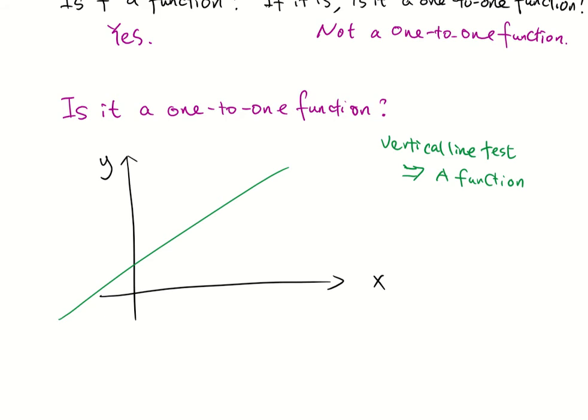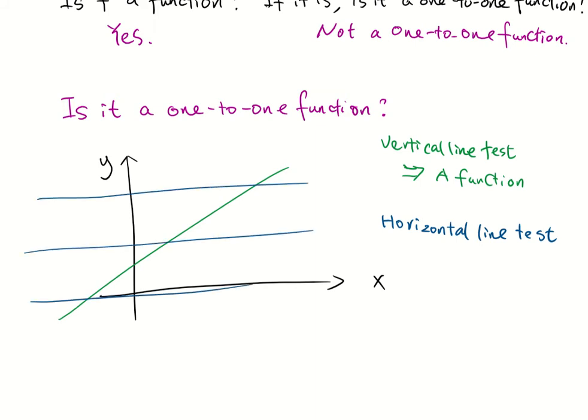After we decide the graph is a function, we can use a similar test called the horizontal line test to decide if it is a one-to-one function. The horizontal line test is pretty similar to the vertical line test. You run a horizontal line through the graph, and if anywhere the horizontal line intersects the graph at more than one point, then it is not one-to-one.